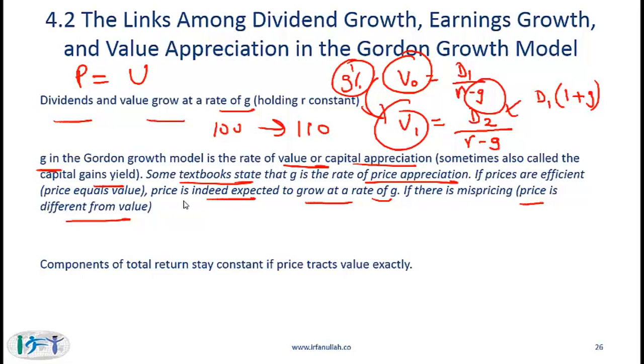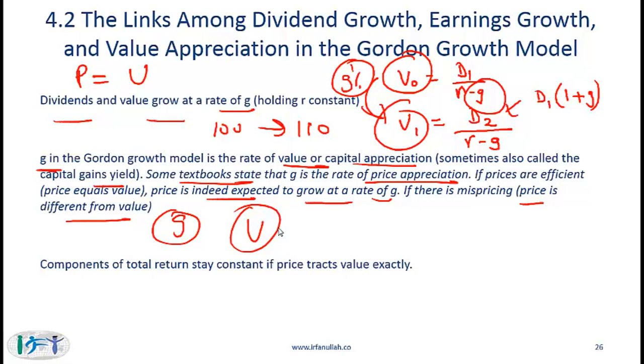So then the change in price will depend on how quickly and whether the mispricing goes away. And this is something we saw in an earlier reading. But theoretically, G stands for the rate at which value is increasing, not the rate at which price is increasing or decreasing.